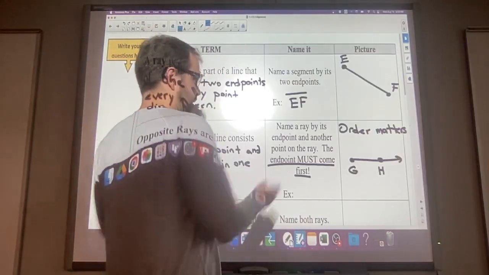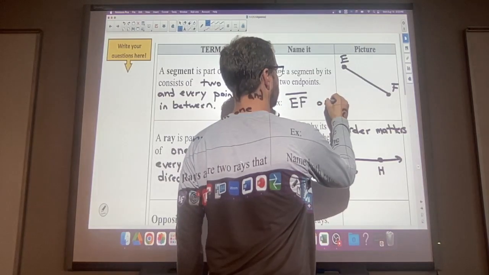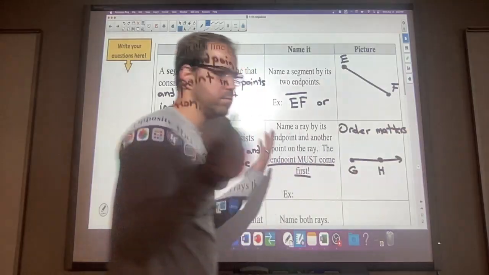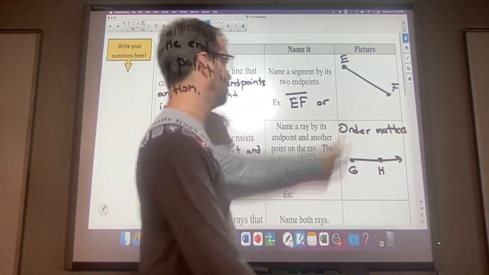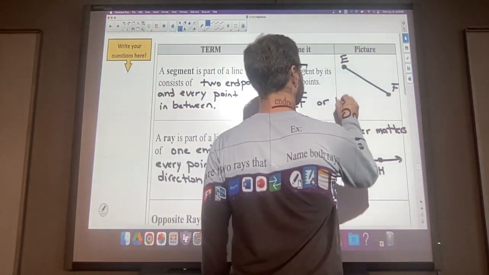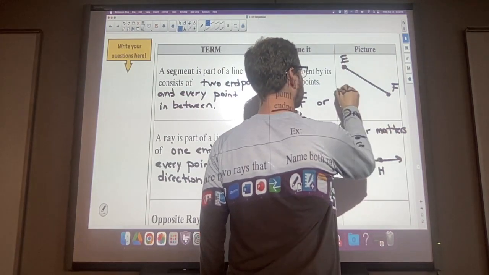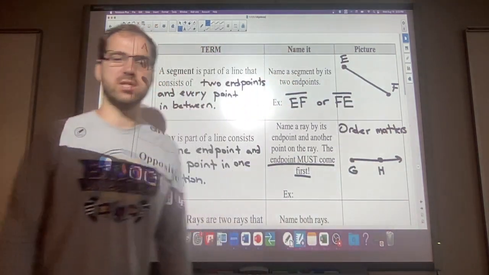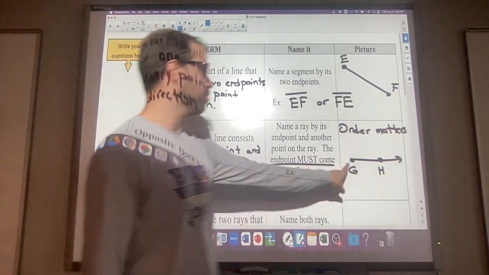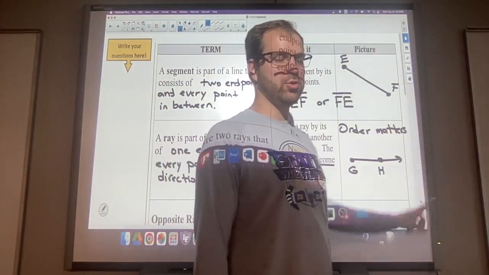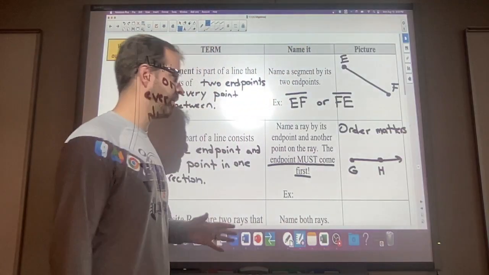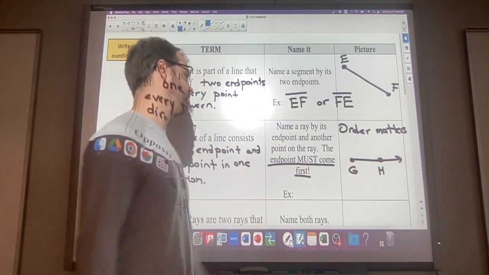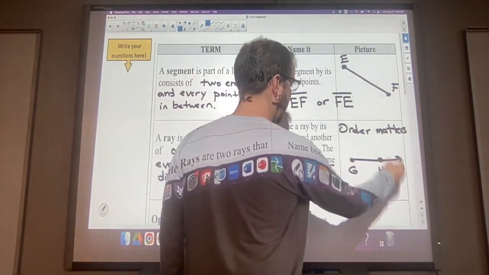Like this one here, we could say EF or FE, the same thing, because the order does not matter. In this case, because it only goes in one direction, you have to make sure the order stays the same. Start with the endpoint and then the other one, so this one would have to be GH.